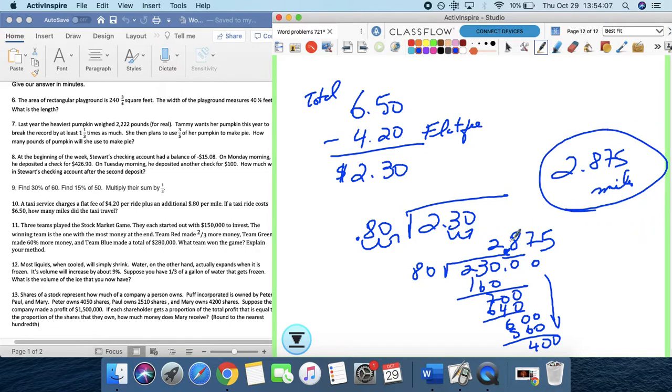All right, so for $2.30, that's how many miles the taxi can take you at 80 cents per mile.